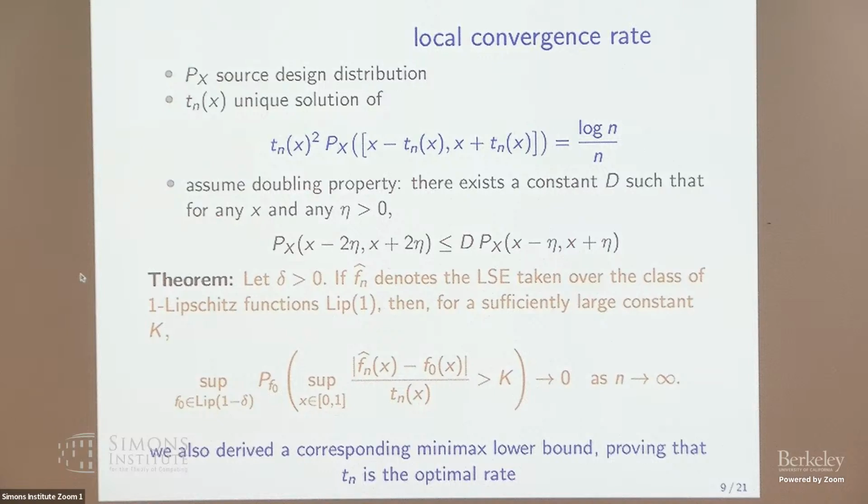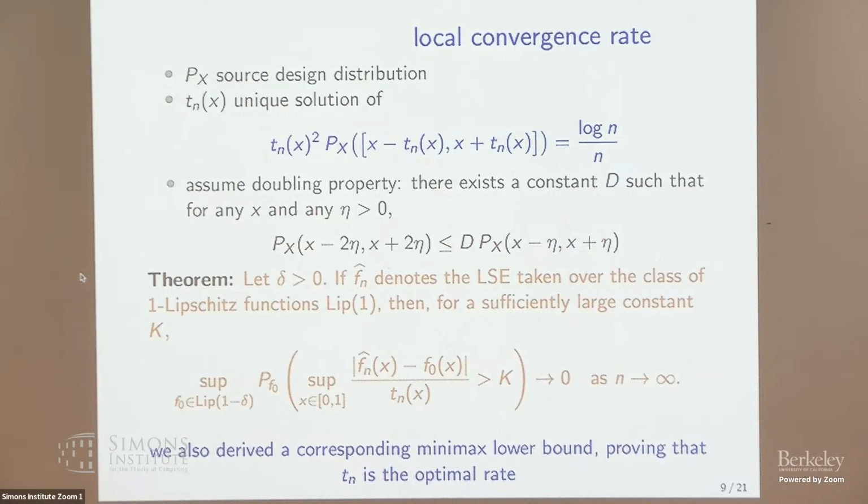So that means if you have an interval with radius, so the length 4 eta centered at x, the probability given to that should be at most a constant times the probability of an interval with length 2 eta. And this constant is fixed and does not depend on x or eta.